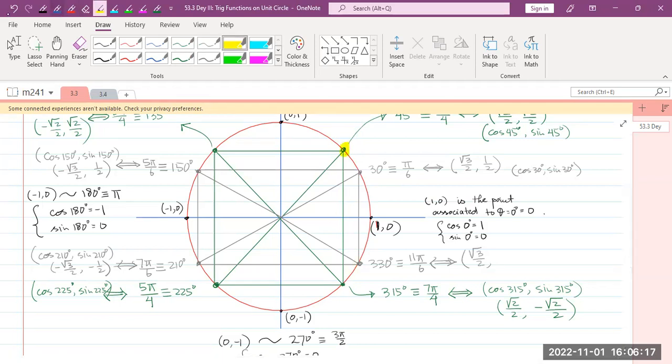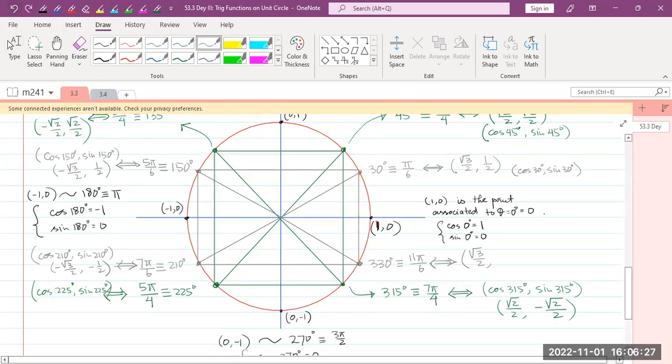Oh, sorry, not that one. This one. The same x, but opposite y. Right? Same x, but opposite y. This is negative 1/2. Okay. That is for cosine 330 degrees and sine 330 degrees.